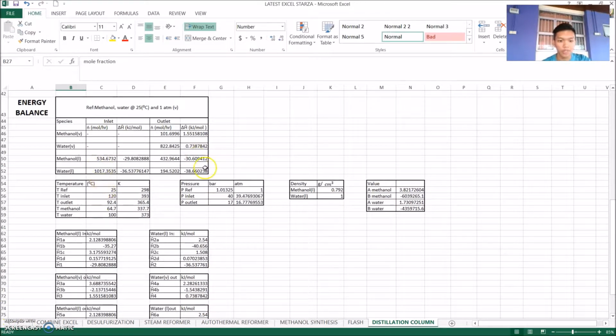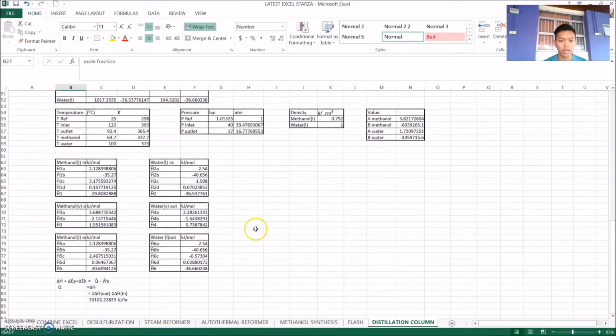So the purpose of this distillation column is to increase the purity of methanol to as high as 80% purity. Thus, the input to the distillation column is in liquid phase, while the output is in both vapor phase and liquid phase. The one that we need is the vapor phase, which contains higher purity of methanol.